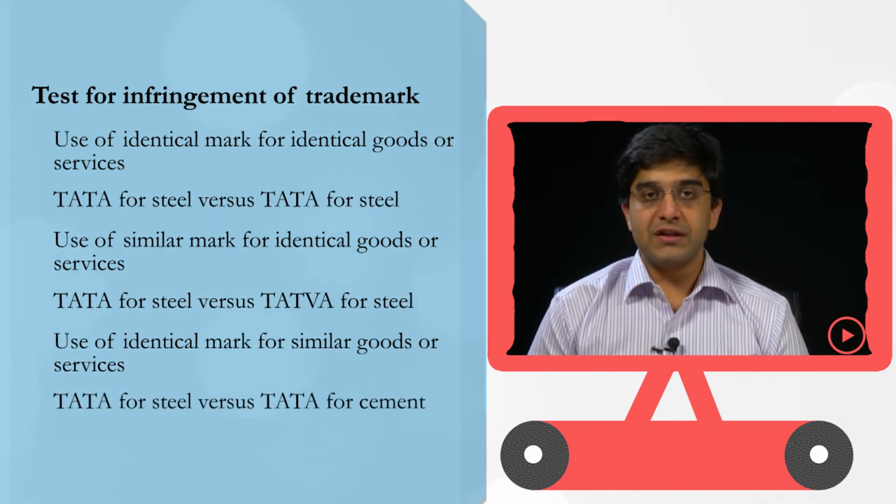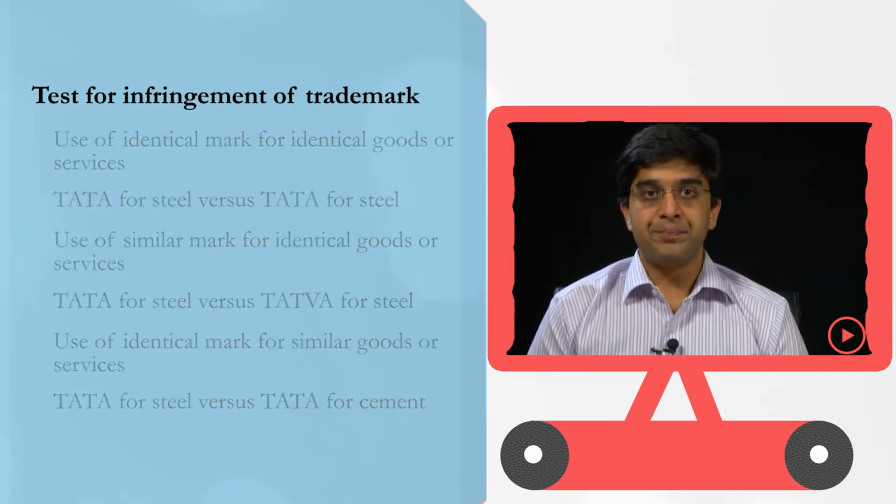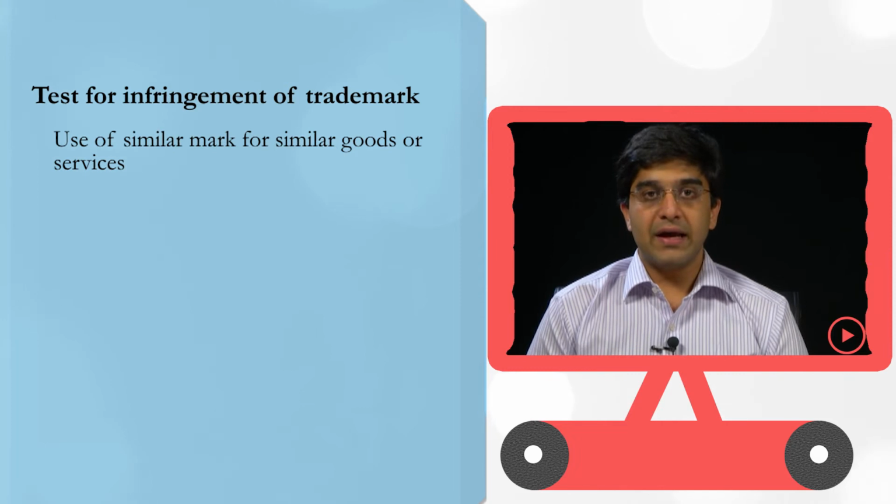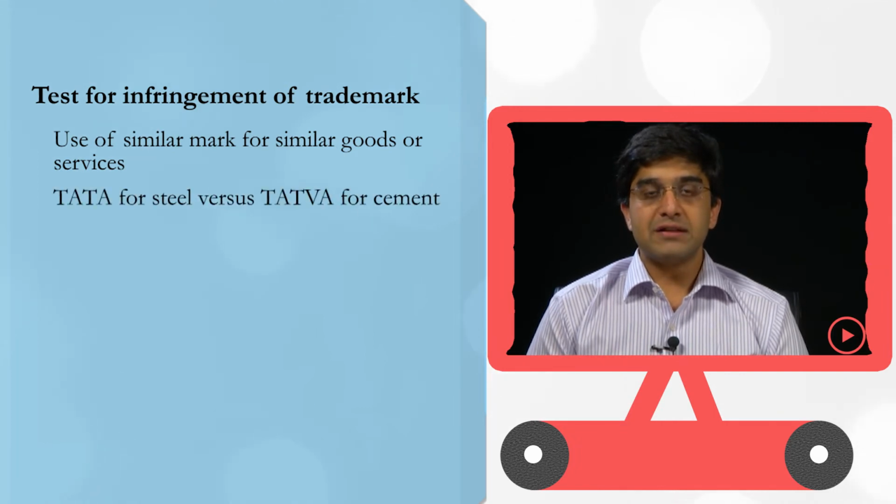Compare Tata for steel versus Tata for cement. Here, the goods are different, but they're still similar in nature and the marks are identical. Lastly, where the use of a similar mark is made for similar goods or services. Again, Tata for steel versus Tattva for cement. All of these four situations are captured under the Trademarks Act and are considered infringement of a trademark.